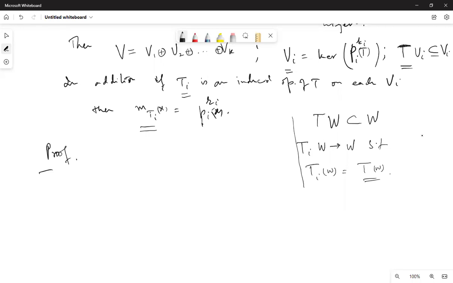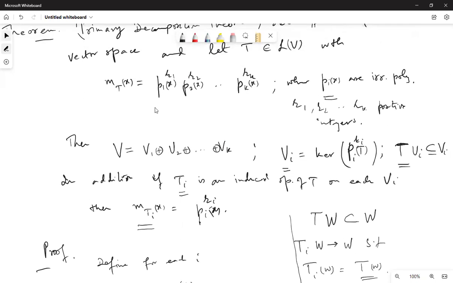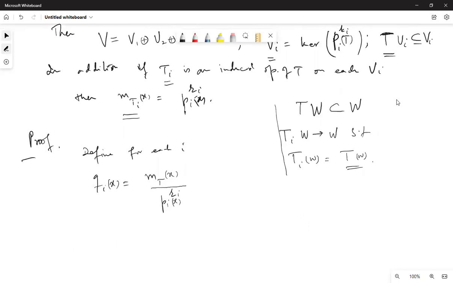We shall now define, for each i, a polynomial qi(x), which is given by m_T(x) divided by pi(x) raised to the power ri. It means if you take out this factor pi(x) from m_T(x), then it is known as qi(x). Obviously, you may see these q1(x), q2(x), and qk(x) are the k polynomials.